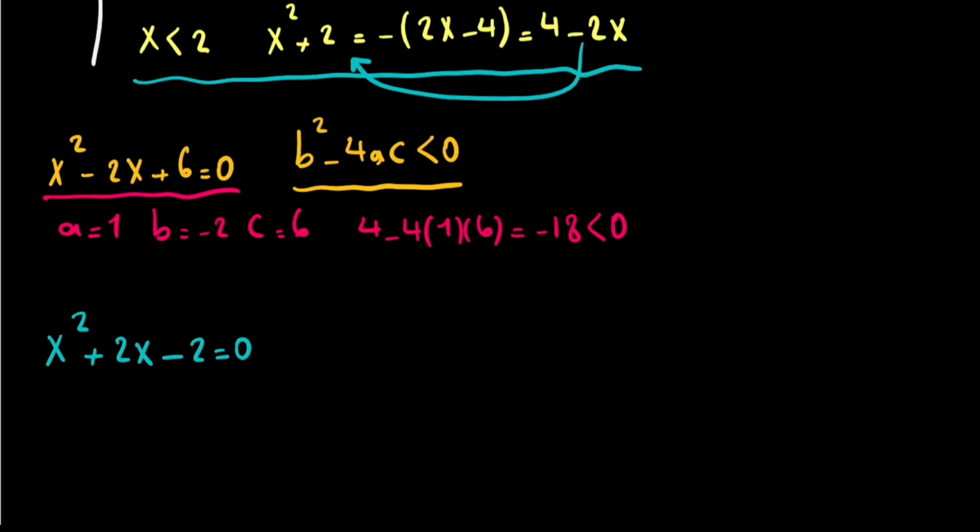Let me write it for you. For this one x was less than 2, and for the first one x was equal to or bigger than 2. In this equation, a is equal to 1, b equals 2, and c equals minus 2.